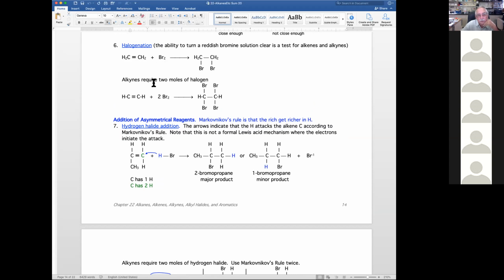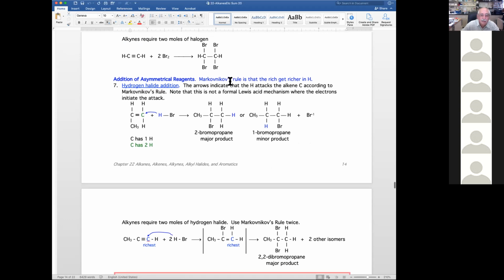And alkynes would require 2 moles of halogen, right? Because I need 1, 2, 3, 4 atoms of bromine to go there. But you see, it doesn't matter because bromine and bromine are the same, so it doesn't matter which goes to which carbon. I get the same product.